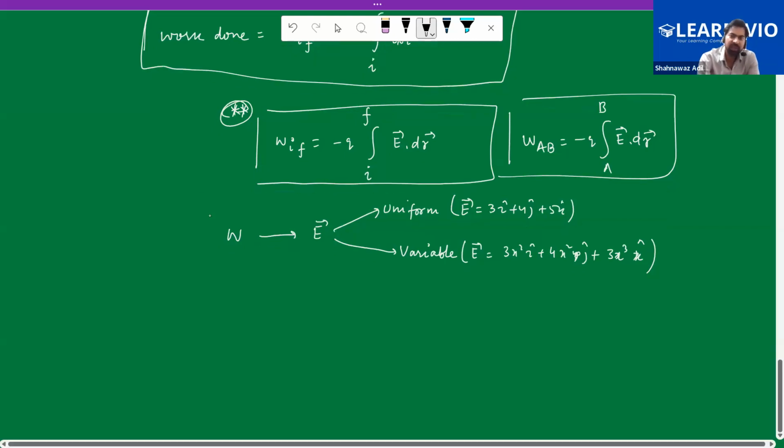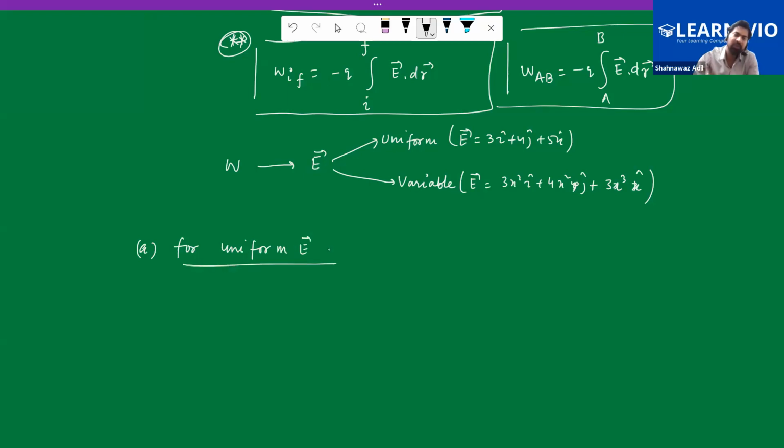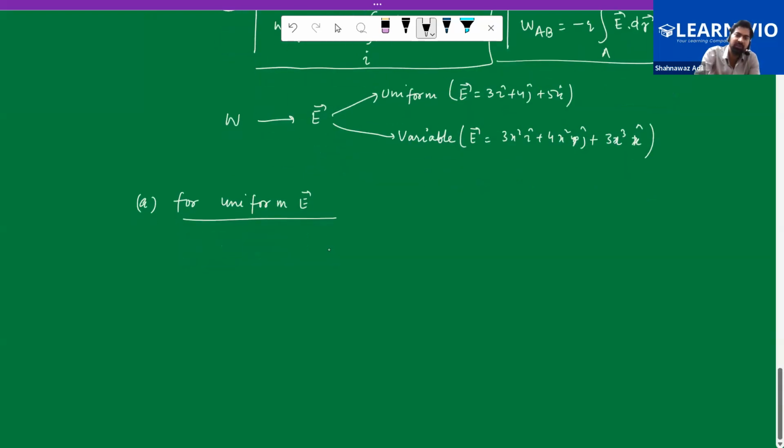Right? So let's say we have the work for a uniform electric field. What would be the work?